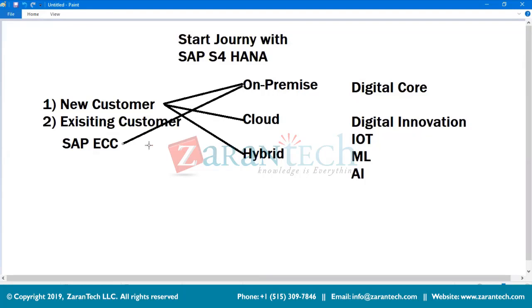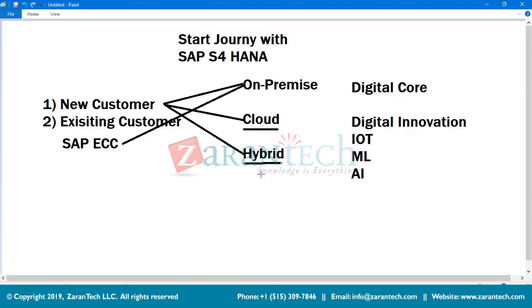Existing ECC customers can't start the journey with the cloud, nor can they start with hybrid. This is very, very important. They have only the conversion from SAP ECC to SAP S/4HANA on-premise. They don't have the conversion process to either the cloud or the hybrid.